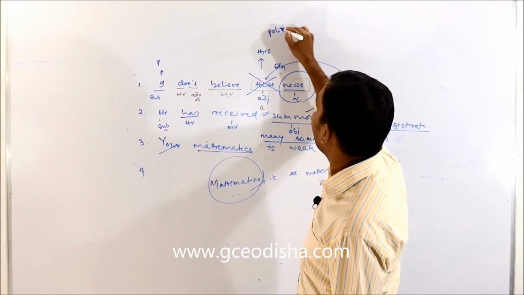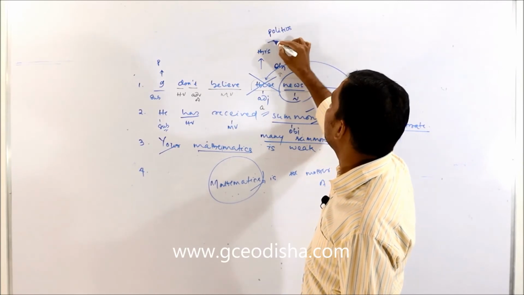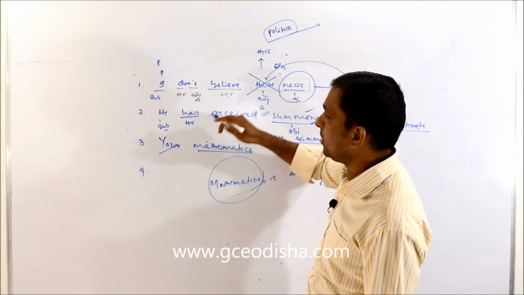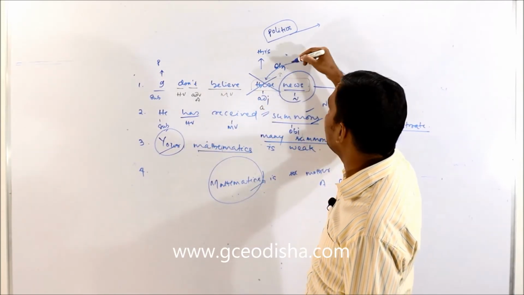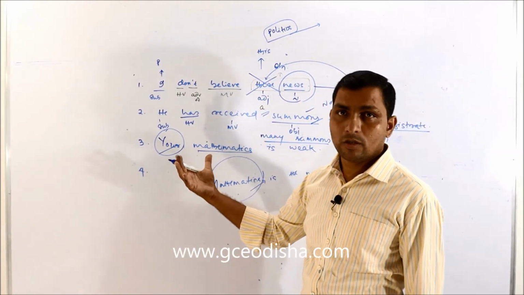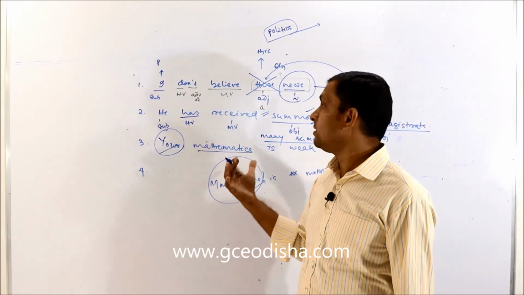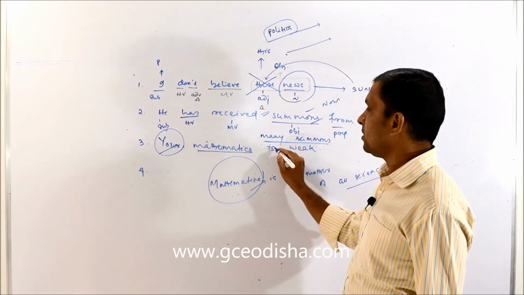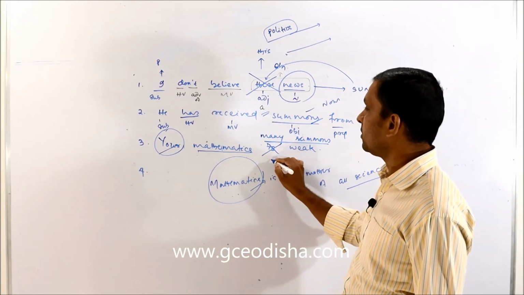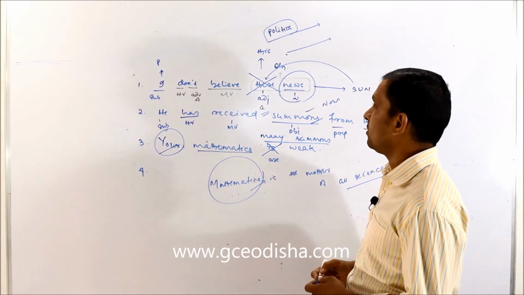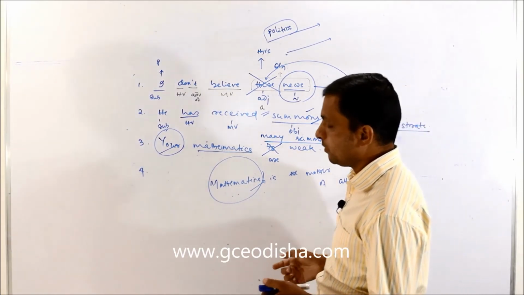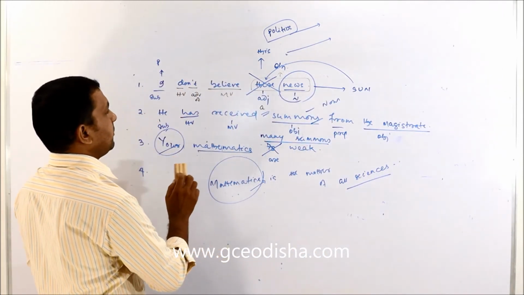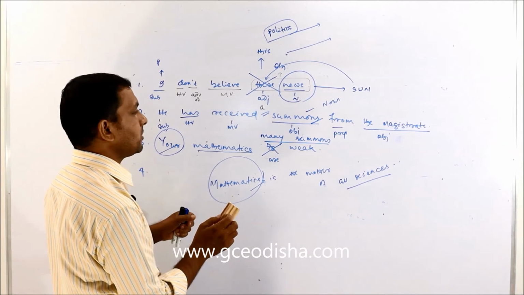That means when politics is written individually, it indicates the name of the subject. But when it is written after a possessive adjective, your politics, it becomes your political tricks, your political abilities. So then it will become plural. In that sense, your mathematics is weak will be incorrect. Your mathematics are weak. So I don't believe this news, he has received.